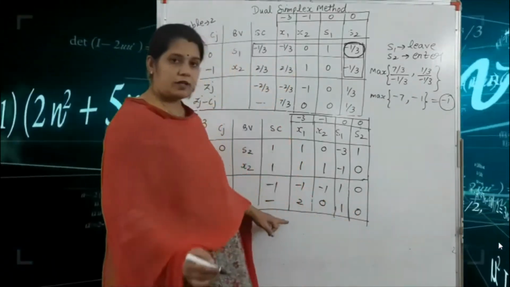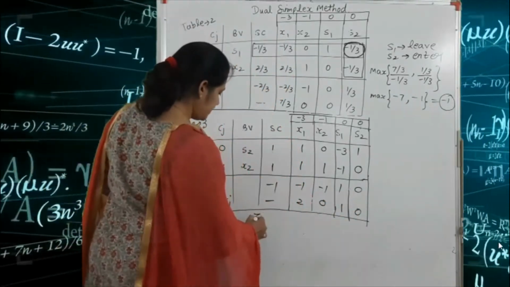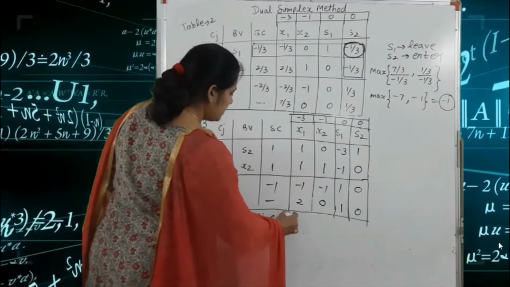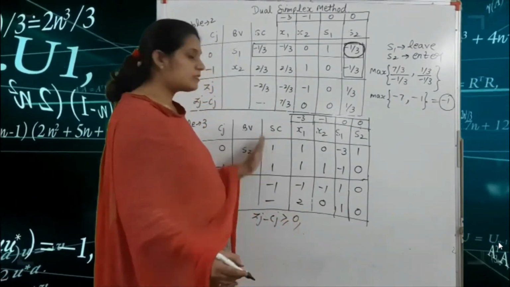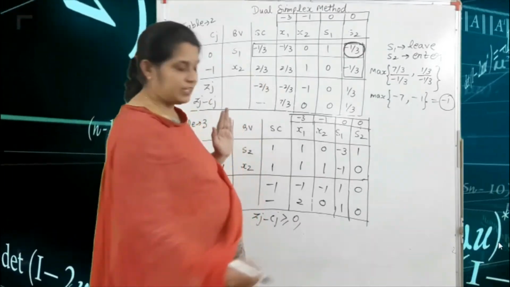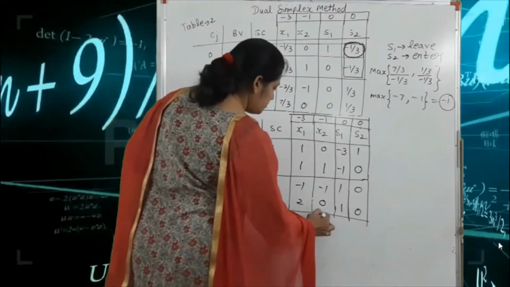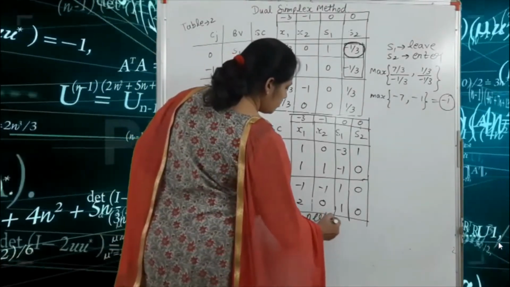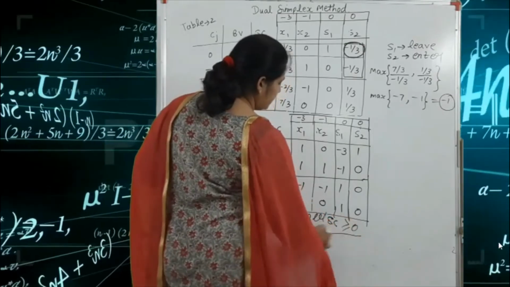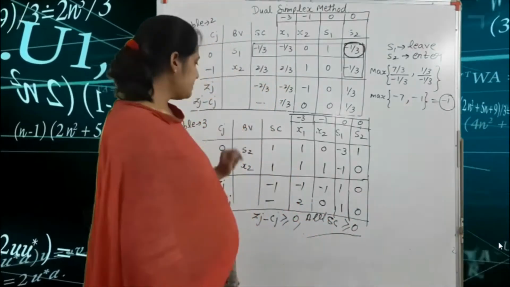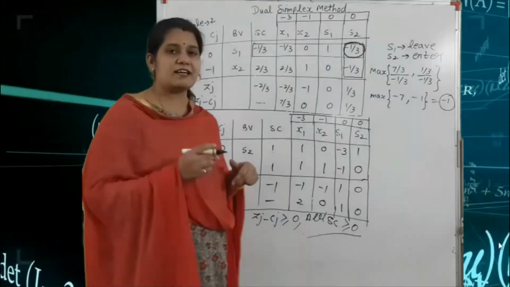Okay, so all the Zj minus Cj are greater than or equal to 0, and all the solution constants are positive values. That means all the values of the solution constant are always greater than or equal to 0. Okay, that means here our problem is completed.